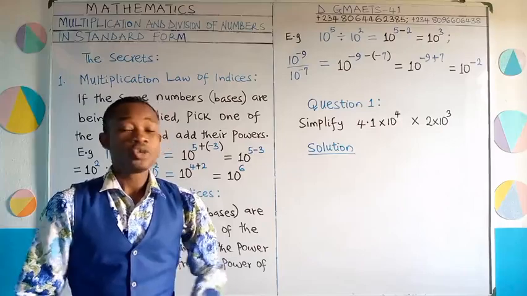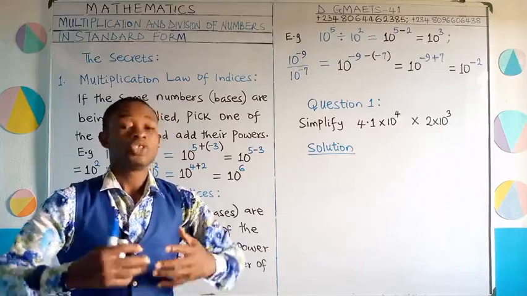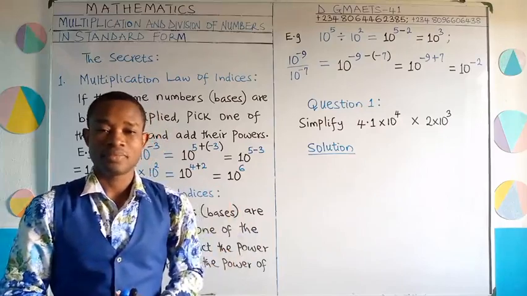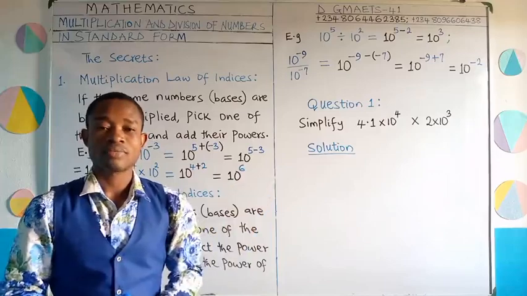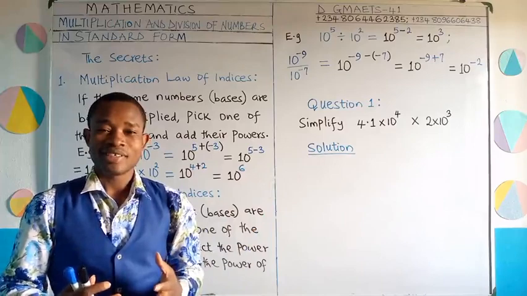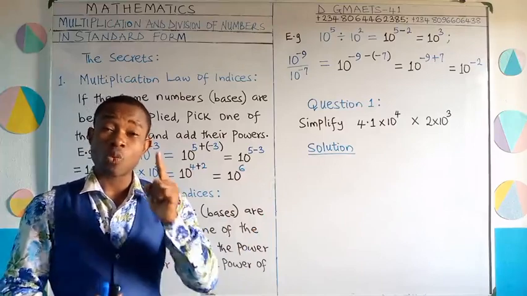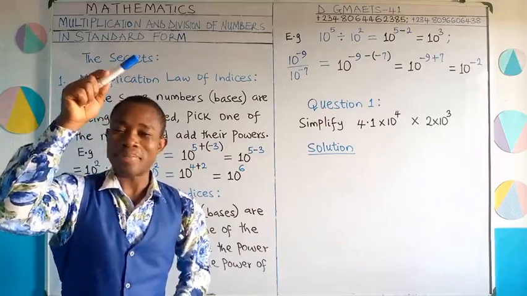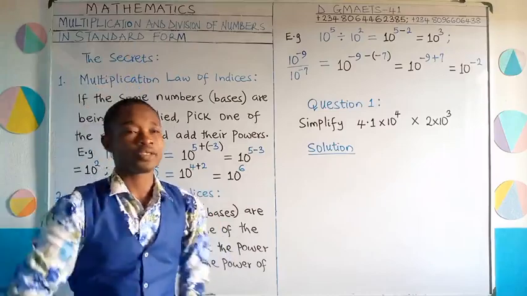Once again, you are given two numbers to divide. These numbers are the same, and they have their powers. Because these numbers are the same and you are dividing them, the division law of indices says you should pick one of these numbers. Then you do power of numerator minus power of denominator.